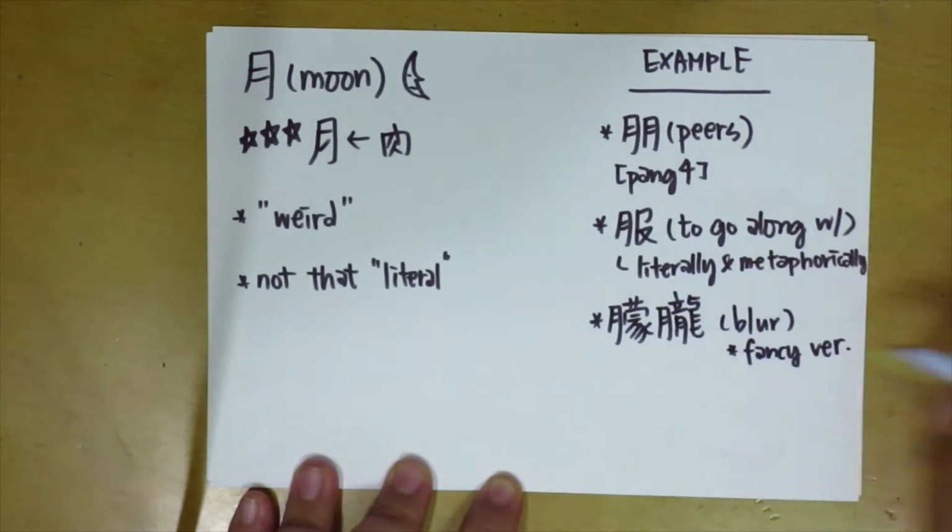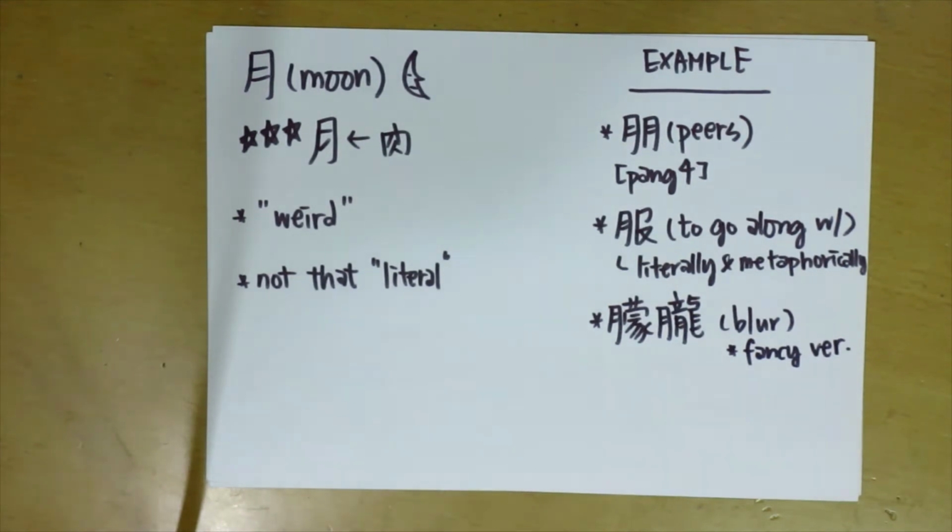Okay. So you use it in poetry or song lyrics or that kind of stuff. You don't just say, oh, my cell phone is covering my face oil, so that's kind of blurred. You don't use mông long in this situation because that's kind of gross.